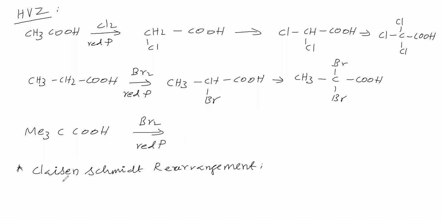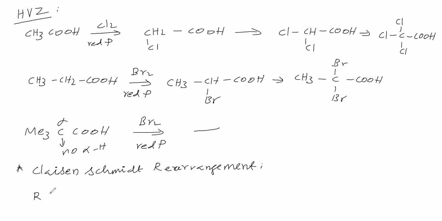Now we will see in this reaction, how many products are possible, do you think? No product is possible. Why no product? Because here alpha hydrogen is not there. No alpha hydrogen. Therefore no HVZ reaction. If alpha hydrogen is available, then only the HVZ reaction is possible. Otherwise no.